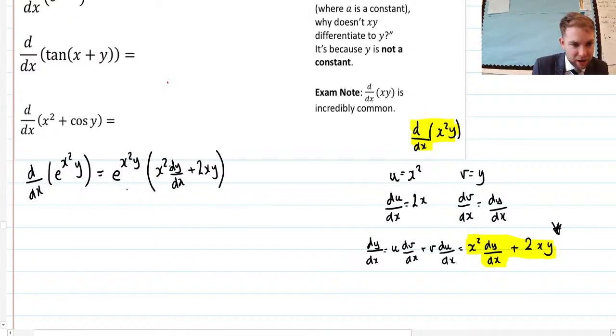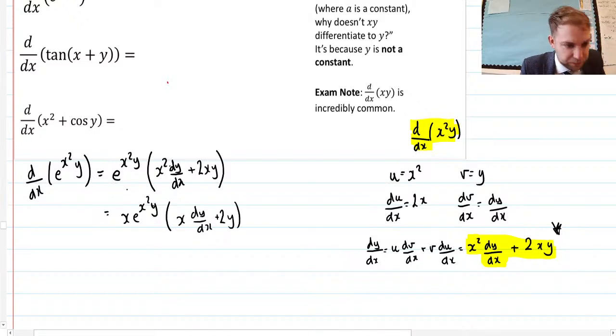And you can take out an x if you want to as a common factor. So this is equal to x e to the x squared y times x dy by dx plus 2y. So you could take that out if you wanted to. It's nasty that, isn't it? You've got to do the chain rule, you've got to think about the product rule.